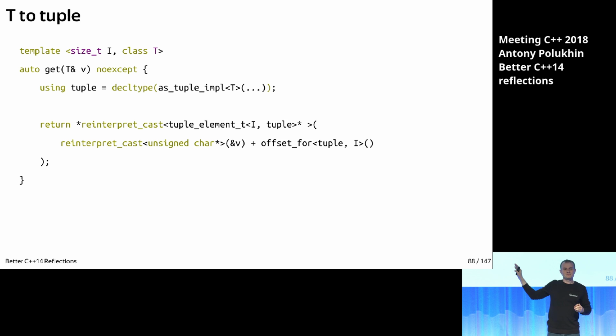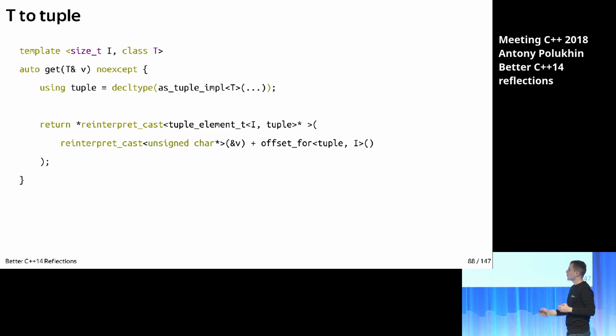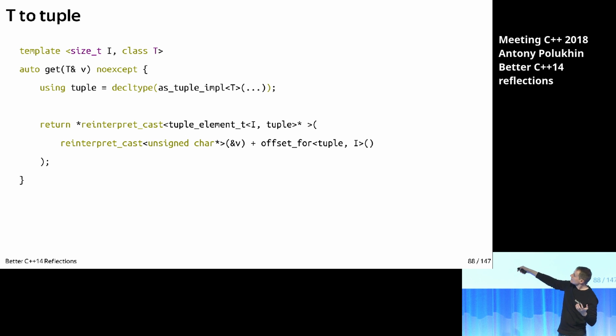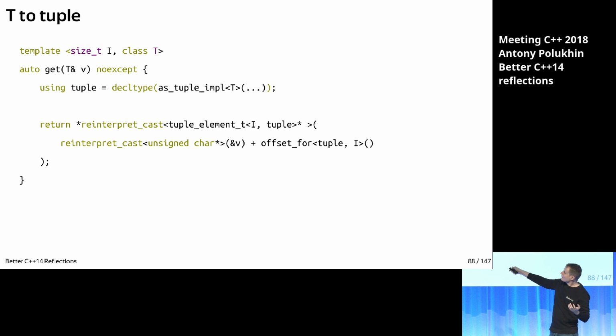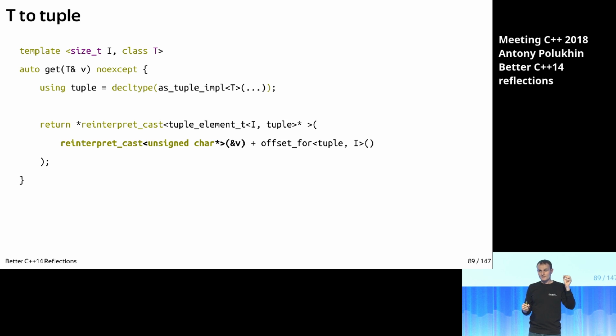We still have reinterpret casts, but this time it's safe and they don't bring us undefined behavior. So what can we do here? We got a variable, user gave us that variable, and here we get the pointer to the first byte in that user-provided structure. That pointer is a pointer to the first field in the user-provided structure.